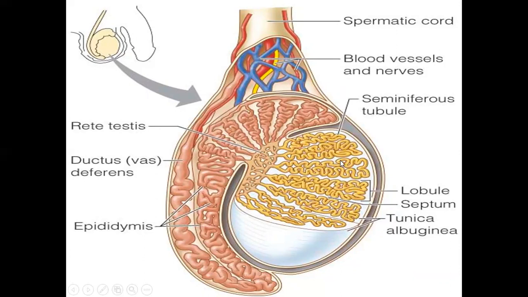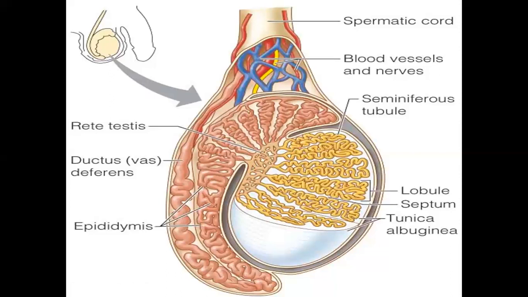Now, from these seminiferous tubules, the projections coalesce, eventually extending into the epididymis, where your sperm cells mature. So the germ cells that will soon develop into mature sperm cells are produced in the seminiferous tubules, and these cells are later brought into the epididymis for maturation.